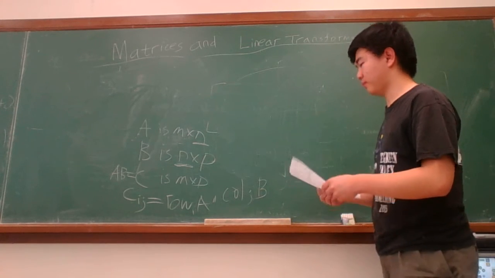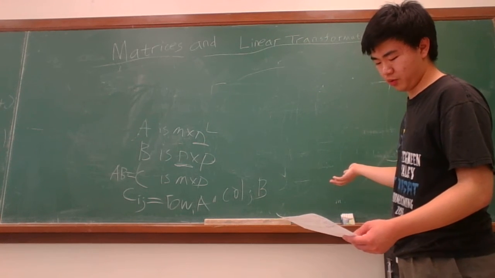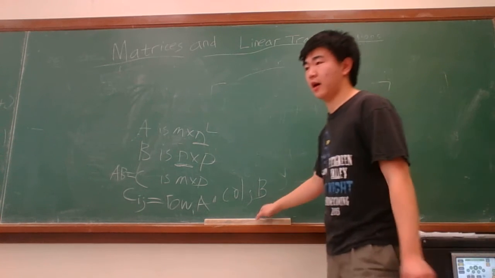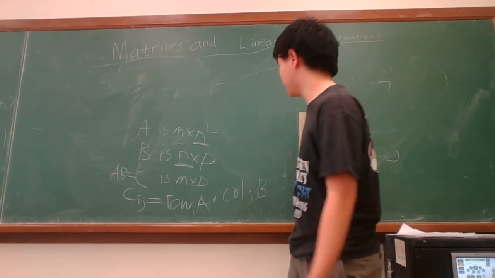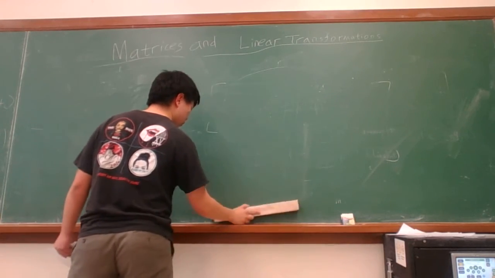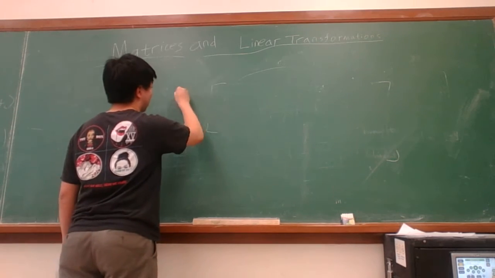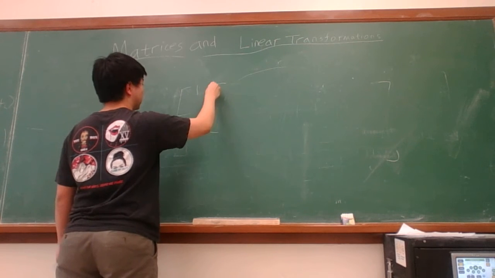So let me pick up the pace a little bit and just show you a special matrix, and then I'll show you why it's a linear transformation. Right? So let's do some examples.